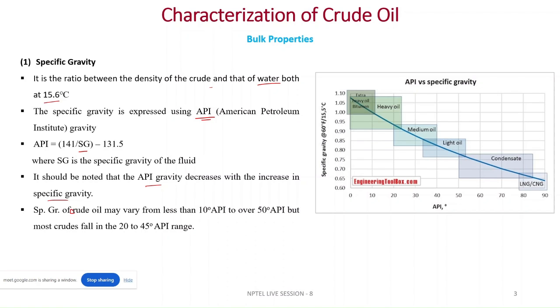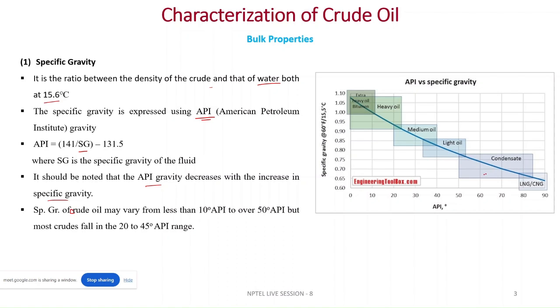Okay, so in this graph we can see the API versus specific gravity plot, and we can also see that these are marked for various fractions of the crude oil. When we do the distillation of that crude oil, we get these fractions, right?